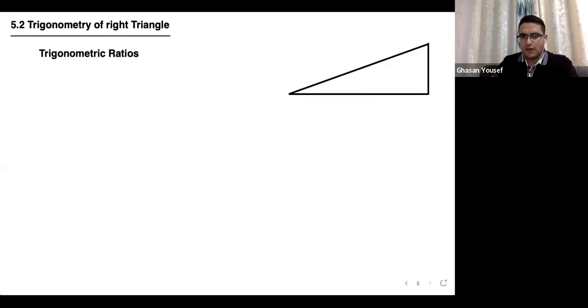What is the meaning of right triangle? Any idea?